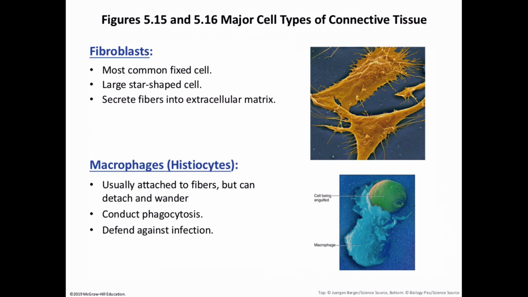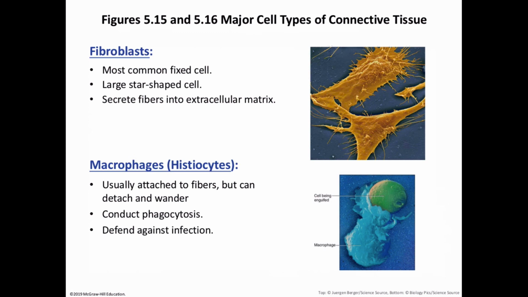Next up are the macrophages. They begin as white blood cells, and they're almost as numerous as fibroblasts in some connective tissues. What makes them important is that macrophages are specialized to carry out phagocytosis.